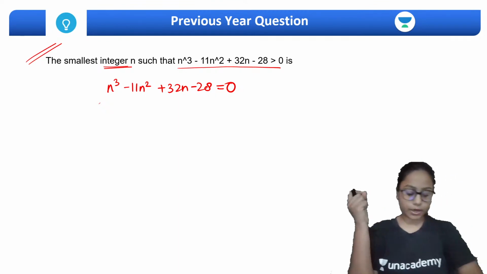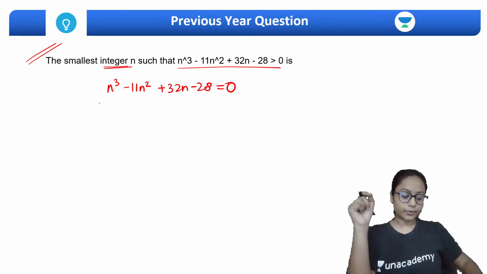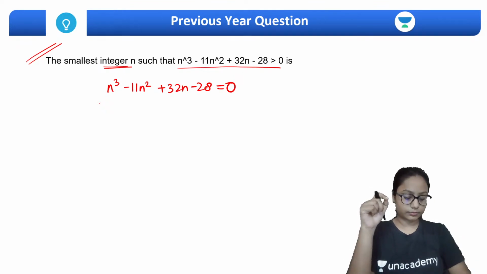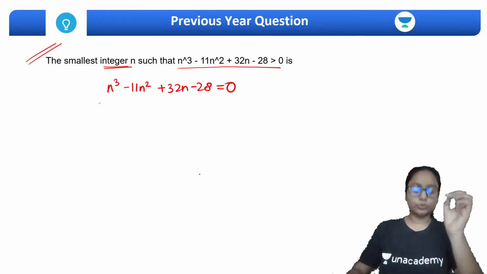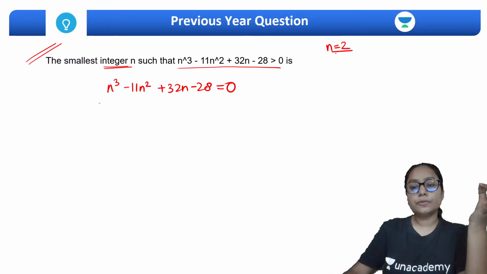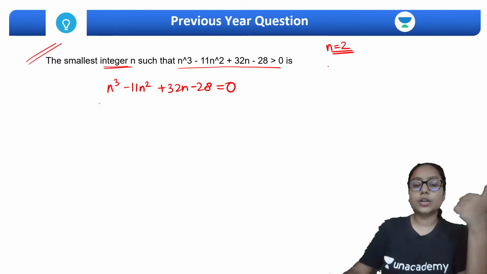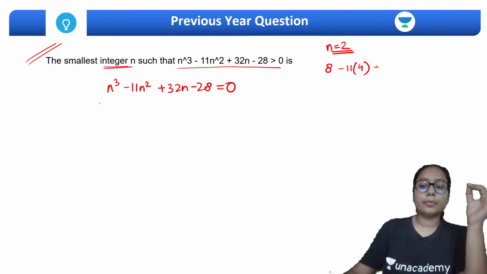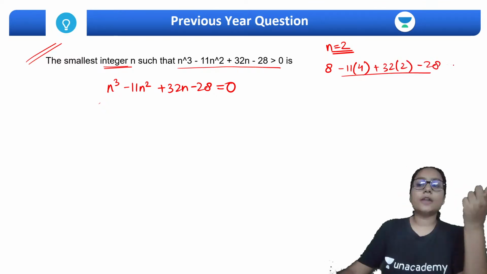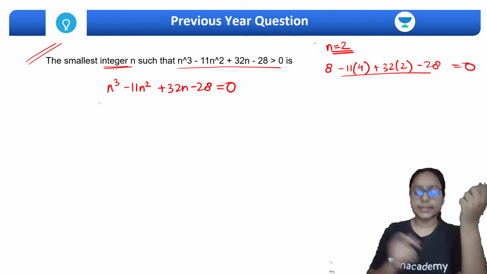Think about it. 2. Yes, Kashish, you're right. Let us take n as 2 and see if this is true or not. So 2 cube means 8, minus 11 into 2 square, plus 32 into 2, minus 28. If you solve this, you get 0. So n is equal to 2 is satisfying.